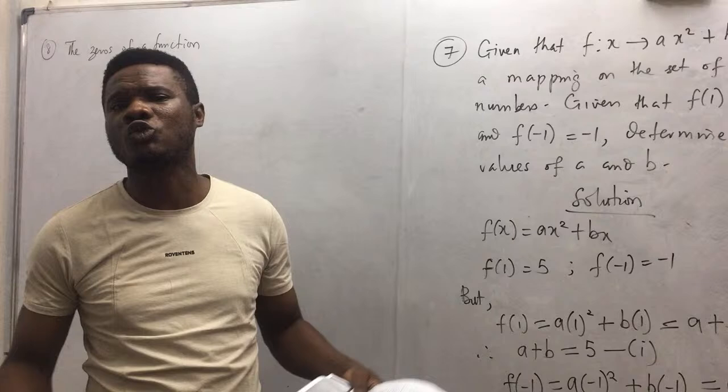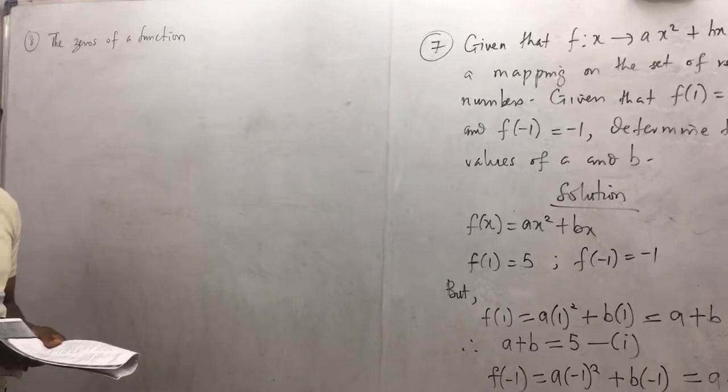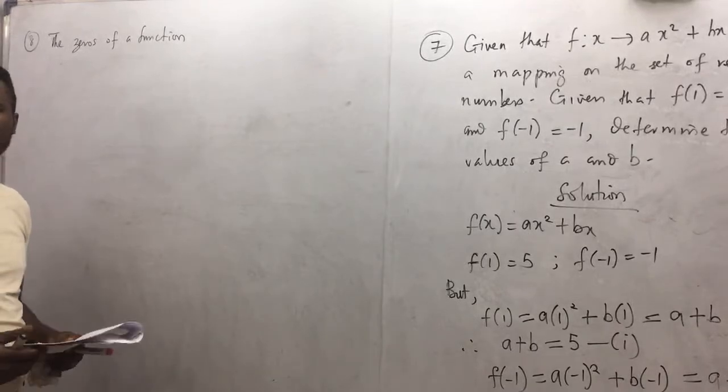So if you've treated polynomials, you must have come across something called the zeros of a function. So now this problem starts with asking or defining the zeros of a function. Are we good?